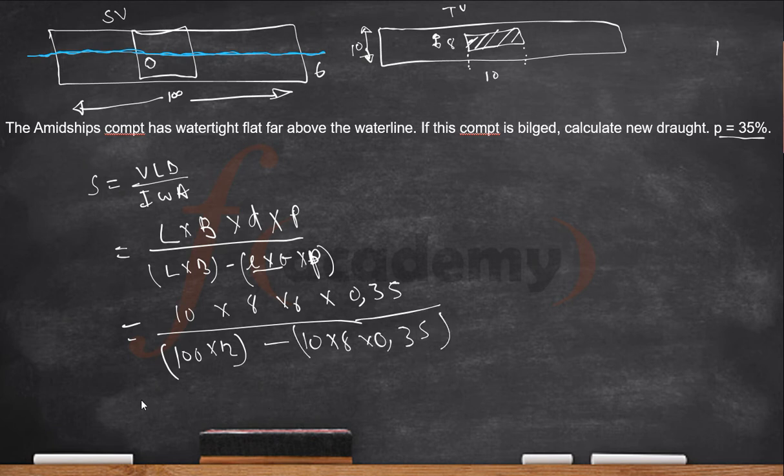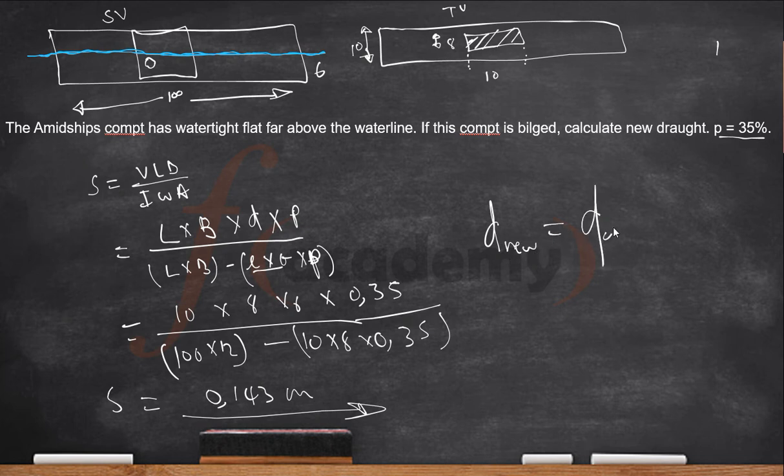Then you work this out on your calculator, and if you punch it right, you are going to get a sinkage of 0.143 meters. How do we close it? Remember, the new draft is equal to the initial draft plus the sinkage.